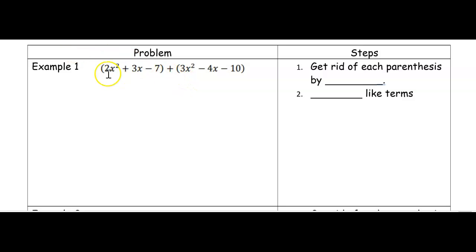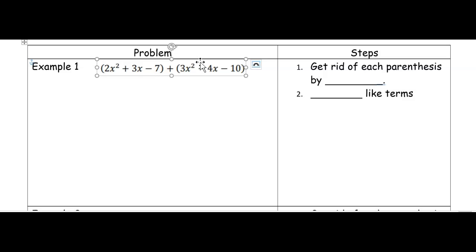First problem, we have two polynomials added to each other. The first polynomial has three terms, 1, 2, 3. The next polynomial has 3 terms. The highest degree for the first polynomial is 2, and the highest for the second polynomial is also degree 2.